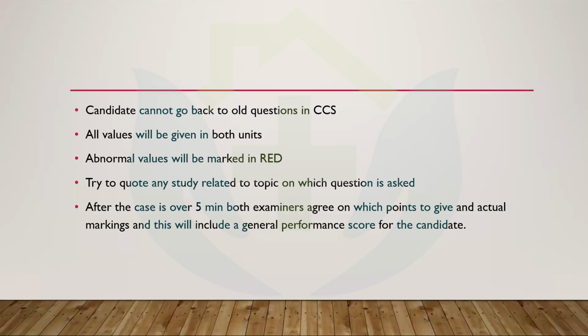When your viva is over, if you're borderline, in some cases you're just failing by a mark or two, and both examiners feel that this candidate is okay, even if technically he is failing, there is something called a general performance score which is in the hands of the examiner. If the examiner is impressed by your viva, even if you're just failing, they can give you some extra marks from their side and pass you.